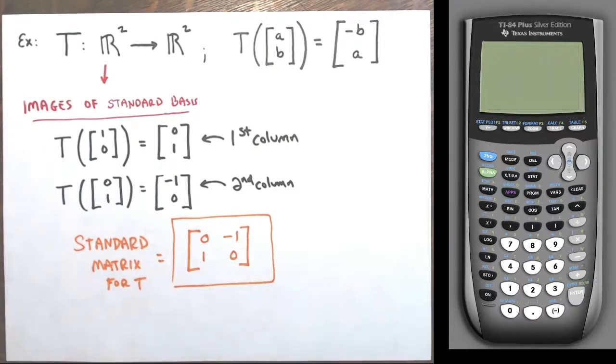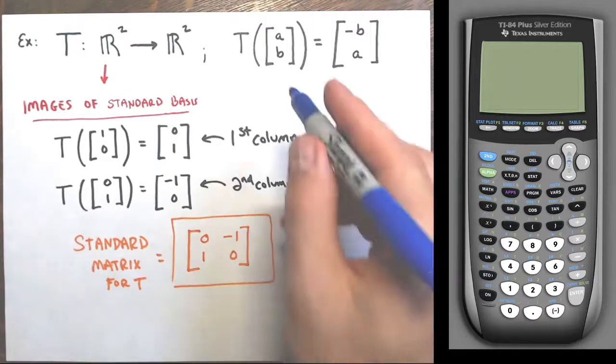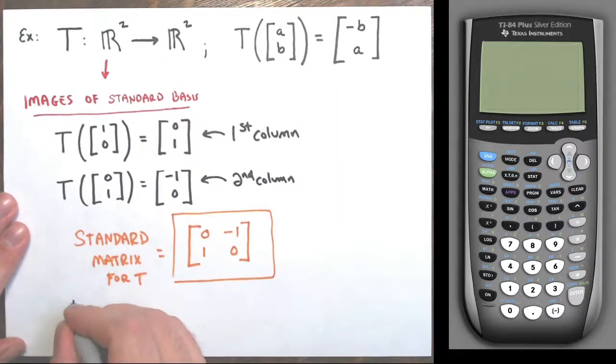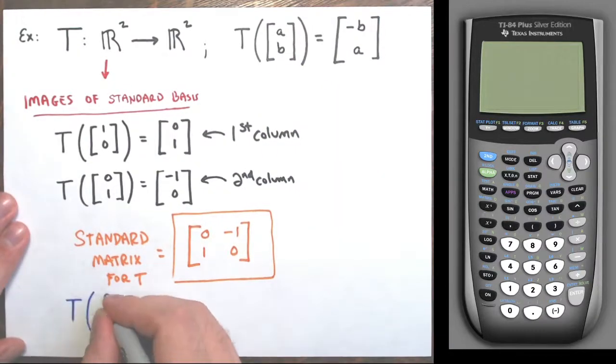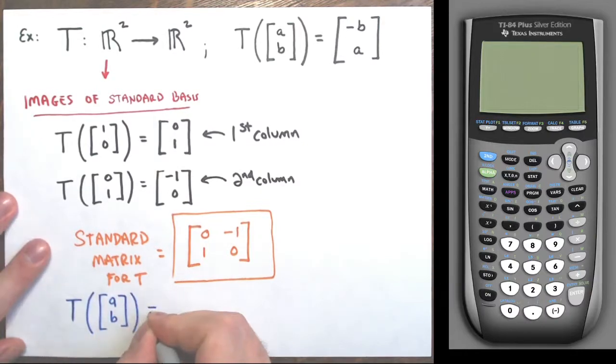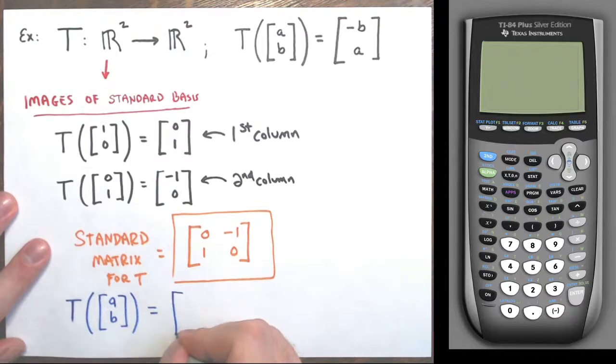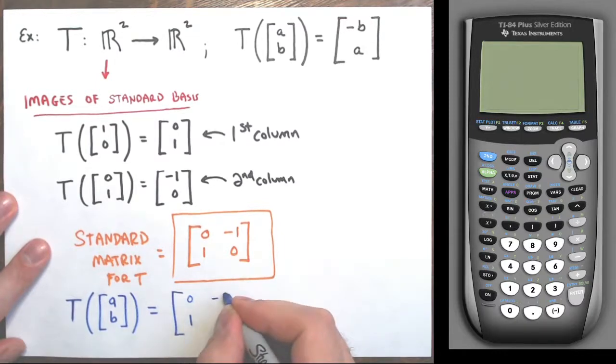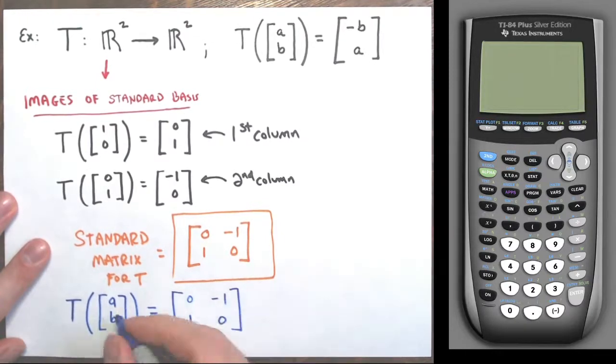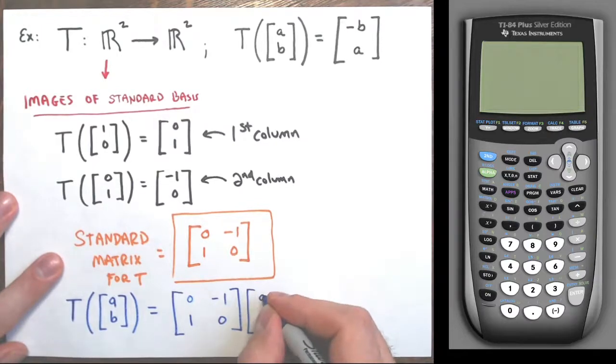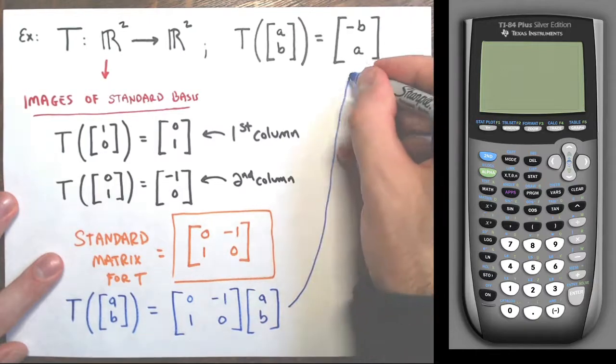But now that I found this standard matrix, we can also write this. We can say that the image of (A, B), T of (A, B), is equal to the standard matrix, (0, 1) for the first column, (negative 1, 0) for the second column, multiplied by that vector (A, B). And double check, is this actually equal to what they said up there?